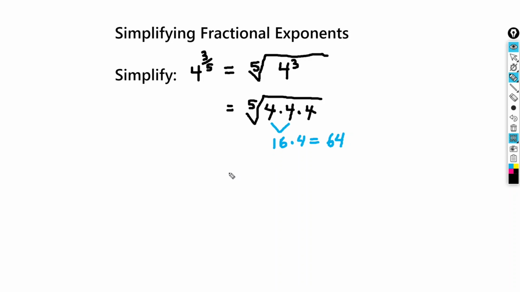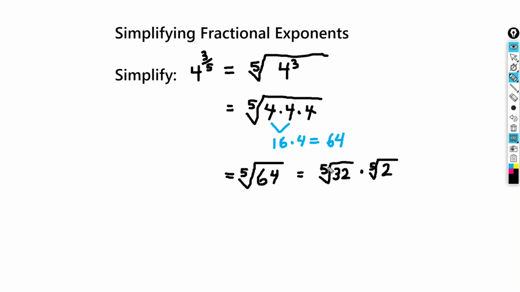So we can write this as the 5th root of 64. Now, if you do have some number sense, you notice that 64 is 2 times 32. And we want to break it into the 5th root of 32 because that is an integer. So we take the 5th root of 32 times the 5th root of 2.